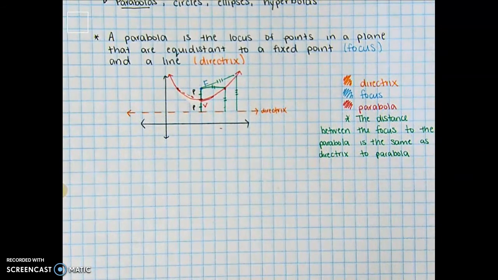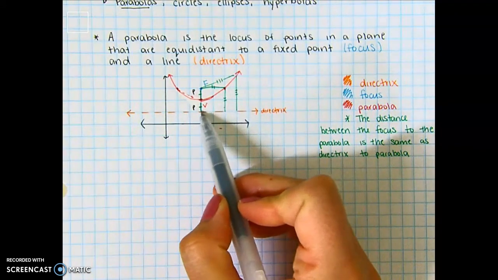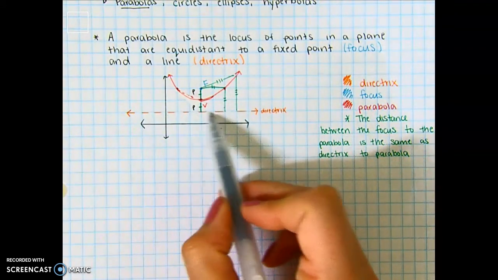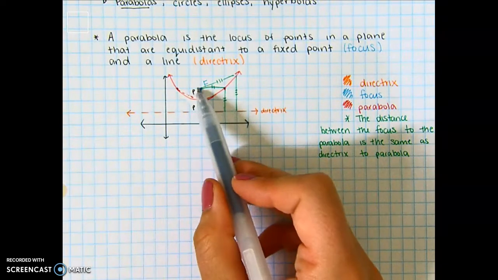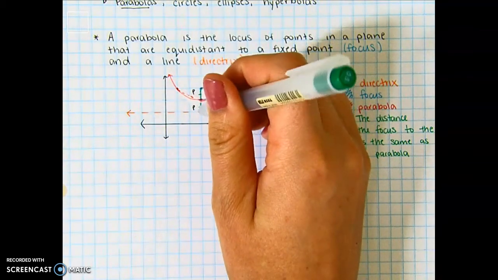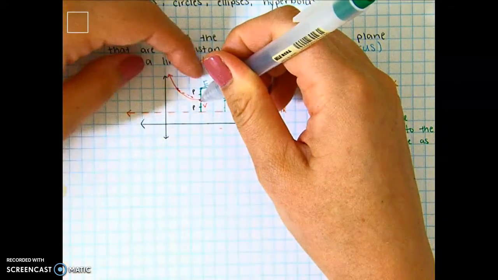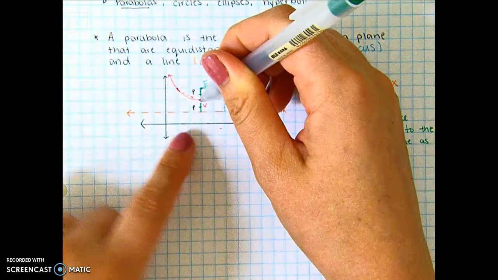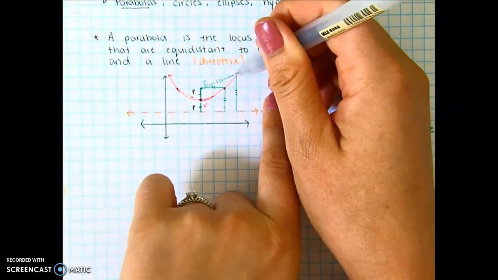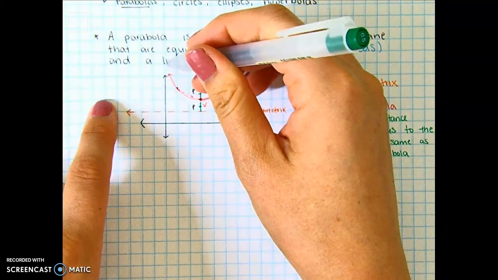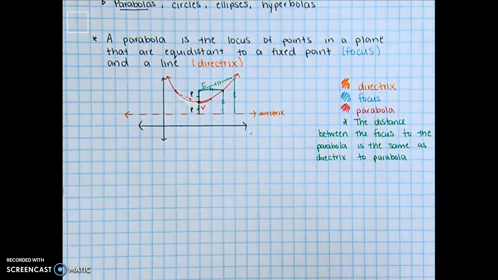So you could almost think of it as like a little pulley, I guess. It's moving to the left and to the right. This is fixed and they're equidistant, and we have a pen or a pencil. As a string is attached to both of these, as we move to the right, as we move to the left, it's going to create a parabola.